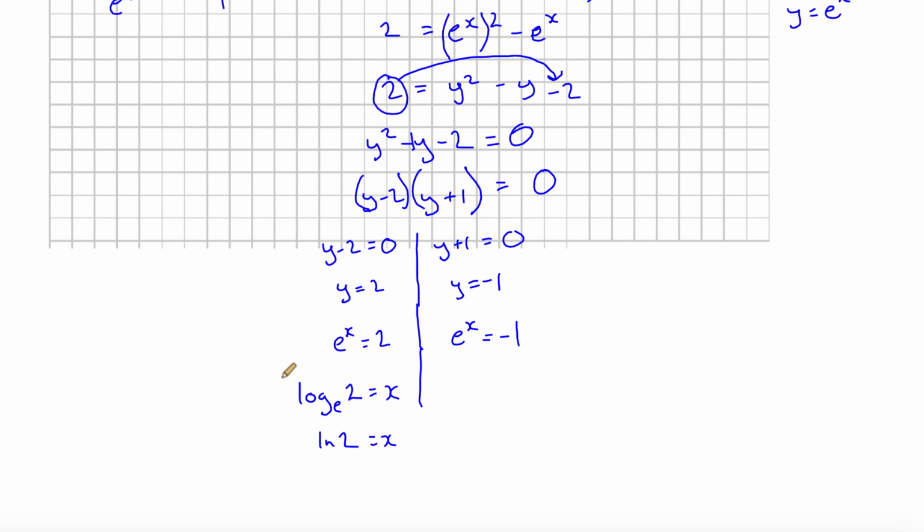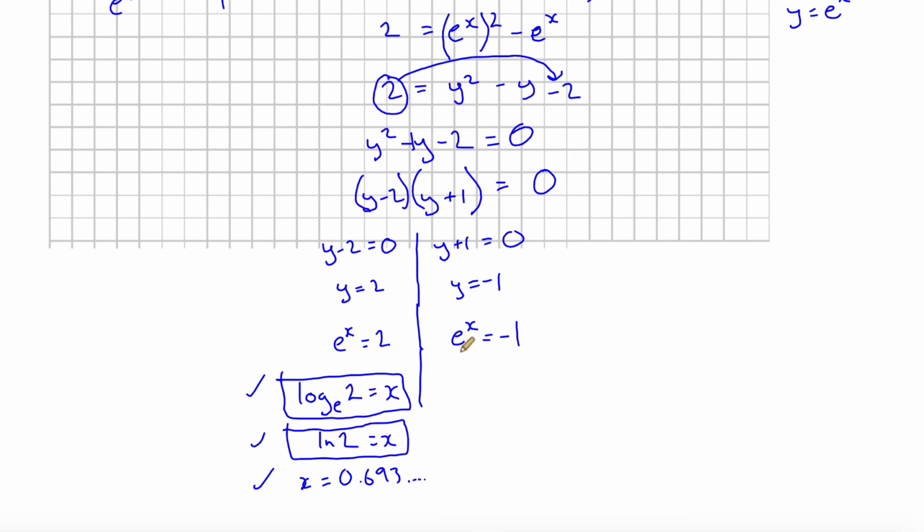So there's my one answer. You can also work out the natural log of 2 if you like and express it as a decimal. So you could also get x is equal to 0.693 and on it goes. So all three of those answers would suffice.